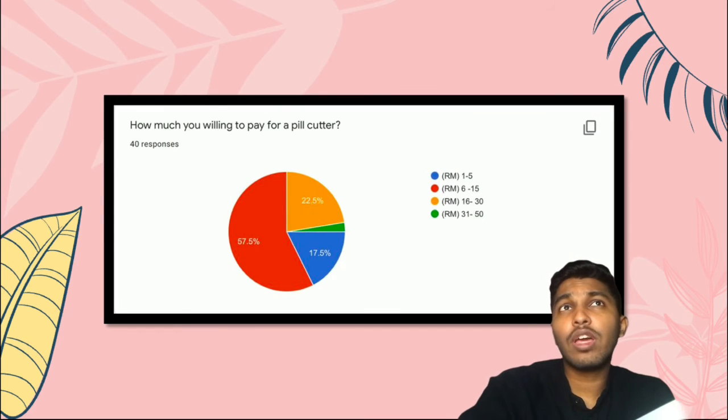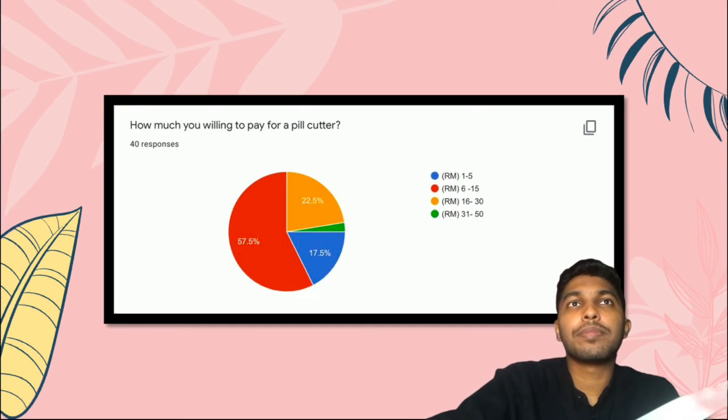So when we asked how much they are willing to pay for a pill cutter, the highest response was 23 of them, who can afford 6 to 15 ringgit. Then 9 of them said they can afford 16 to 30 ringgit.